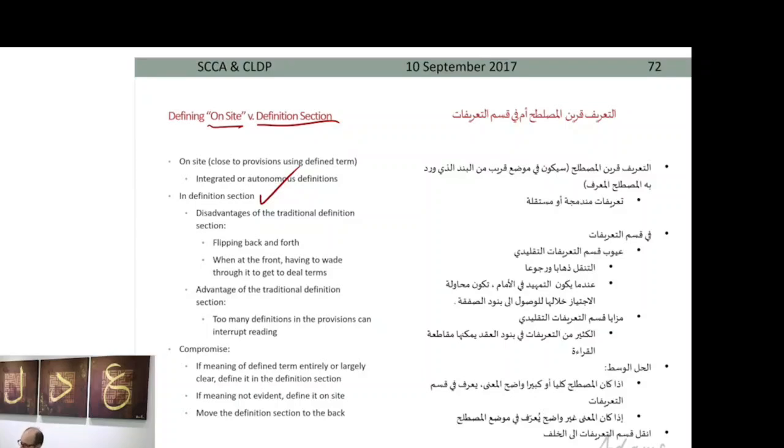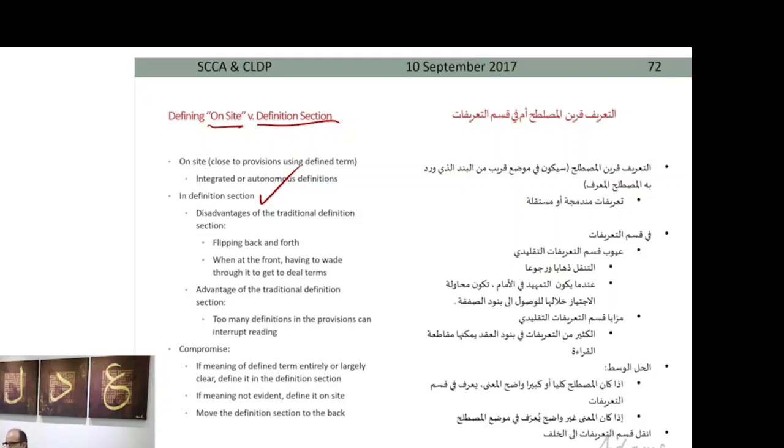The reader is not interested in reading 10 pages of definition section as the first thing. They're most interested in the deal points. So putting the definition section first doesn't really make sense. So I put it towards the back in the miscellaneous provisions part of the contract.